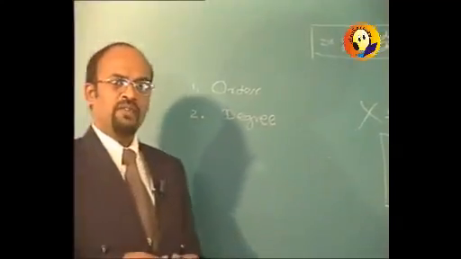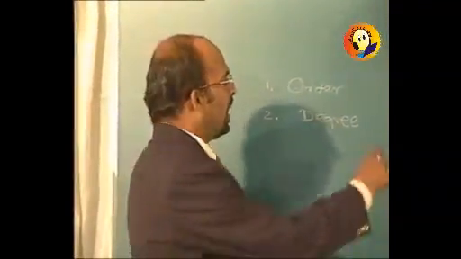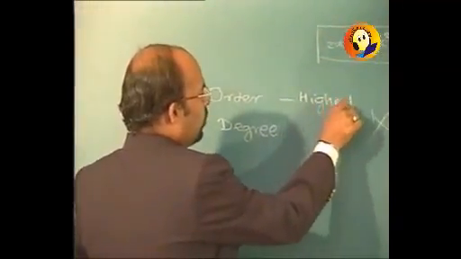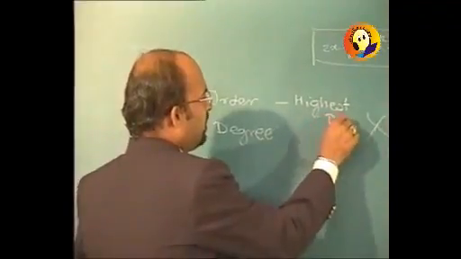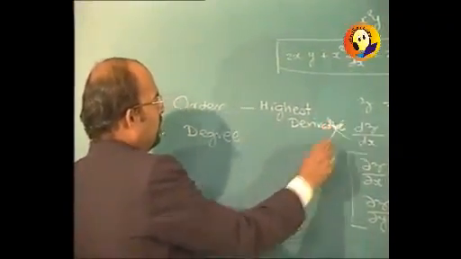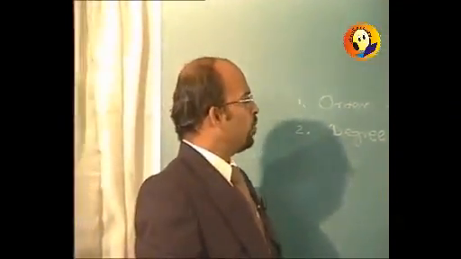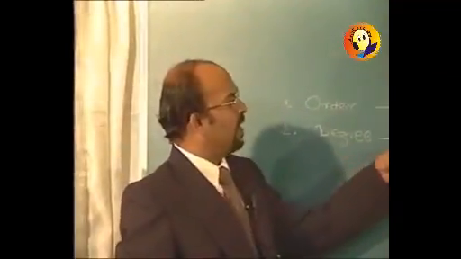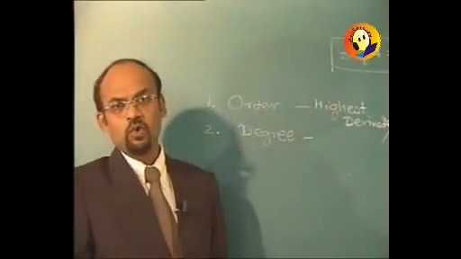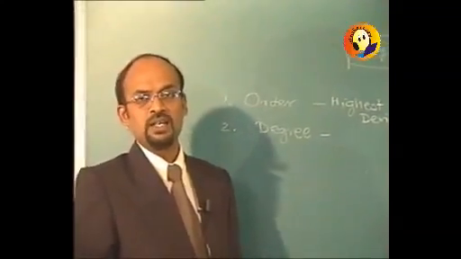The order of a differential equation is defined as the order of the highest derivative which appears in the equation. Whereas the degree will correspond to the degree of the highest order derivative. So we have two more terms, one is the order and the other is the degree.